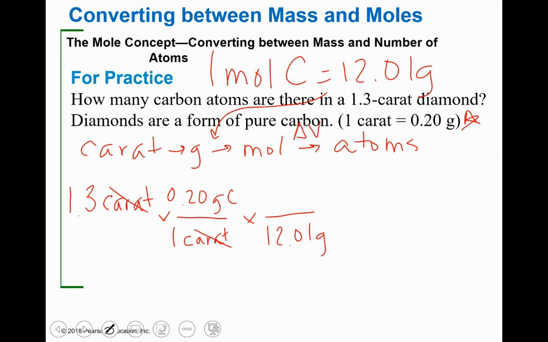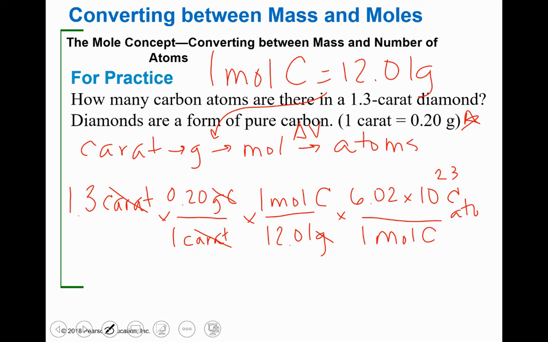So 12.01 grams, 1 mole. The grams goes on the bottom because I want those to cancel. I want to get to moles. And now I can go to atoms using Avogadro's number. So 1 mole of carbon is 6.02 times 10 to the 23rd carbon atoms.